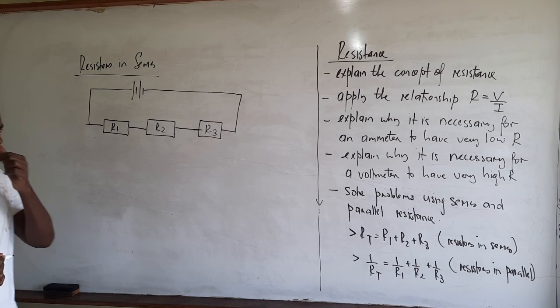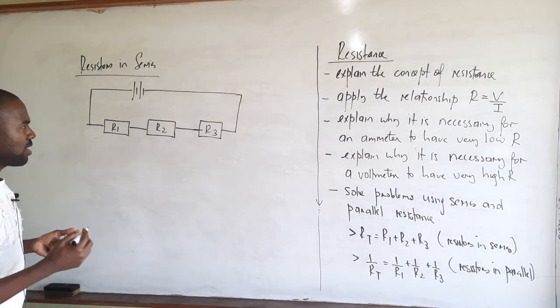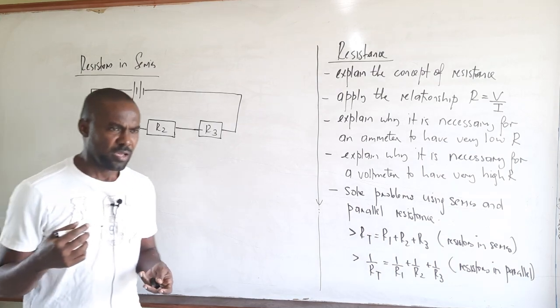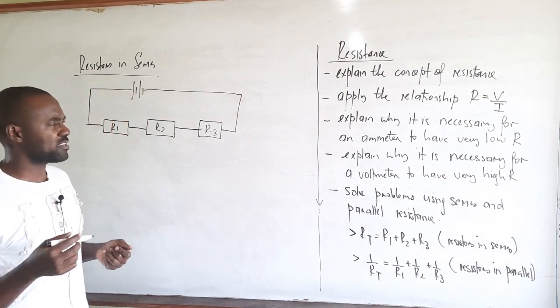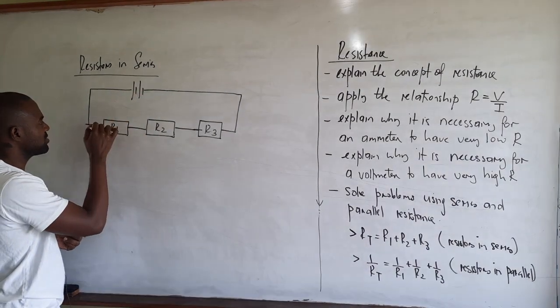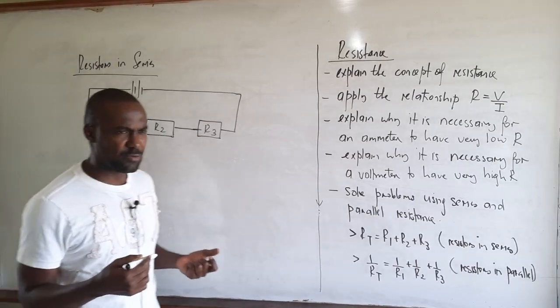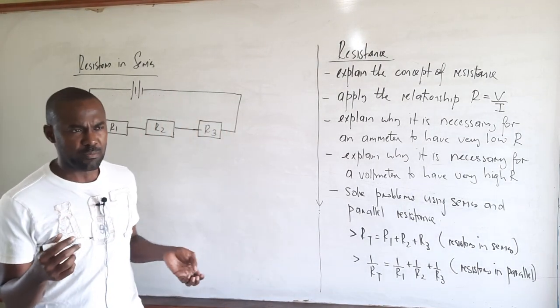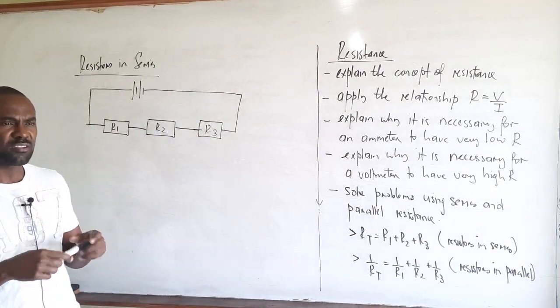Right, so what we know about resistors in series, we did look at series circuits before, and we mentioned a couple of characteristics of components connected in series. We said that if components are connected in series, the same current flows through all of them, or the current flowing through any point in the circuit is the same.